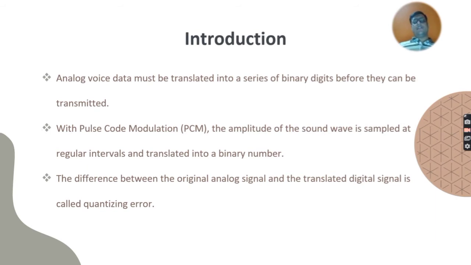If I compare the original analog signal and the translated digital signal, some steps will vary. Those steps indicate that an error is identified, and that is called a quantizing error. We are not going to discuss quantization error in more depth; rather, we are discussing the generation of the PCM signal and the detection of the PCM signal.